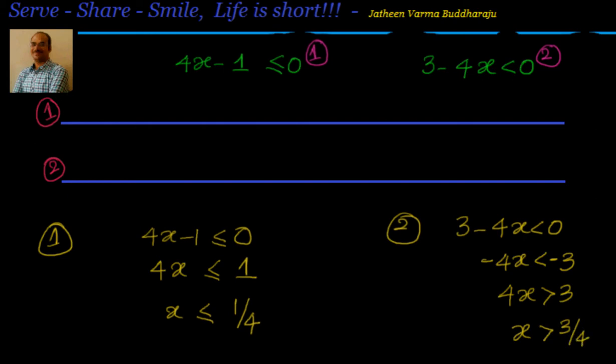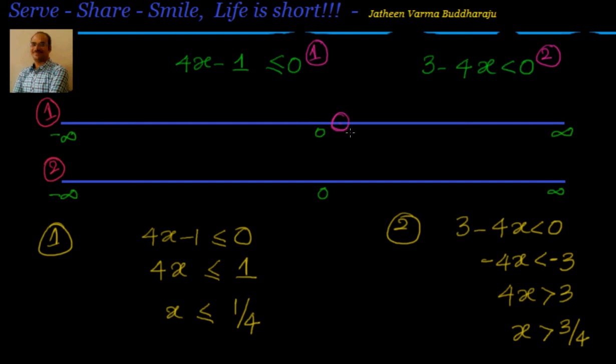Now let's look at the solution for this. Okay, now let's start putting the boundaries. Minus infinity to infinity, one important value is in between, that is 0. Now the first solution says x less than or equal to 1 by 4. 1 by 4 is somewhere here, 0.25.